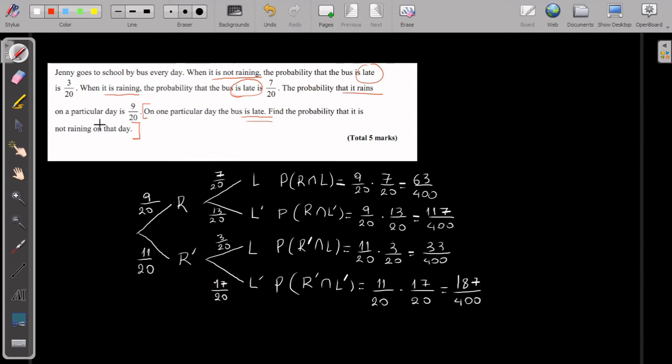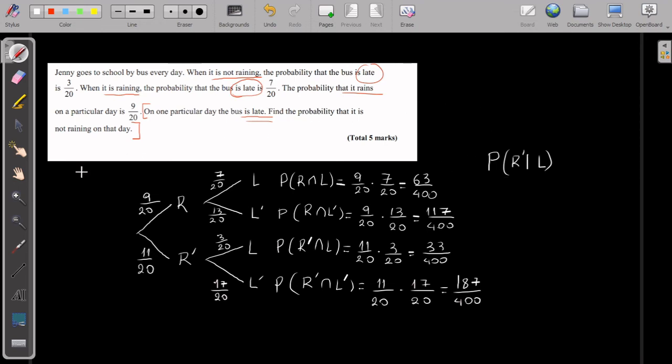Find the probability that it's not raining that day. If I express that as a probability, it's a conditional probability: given that the bus is late, I want to calculate the probability that it is not raining.